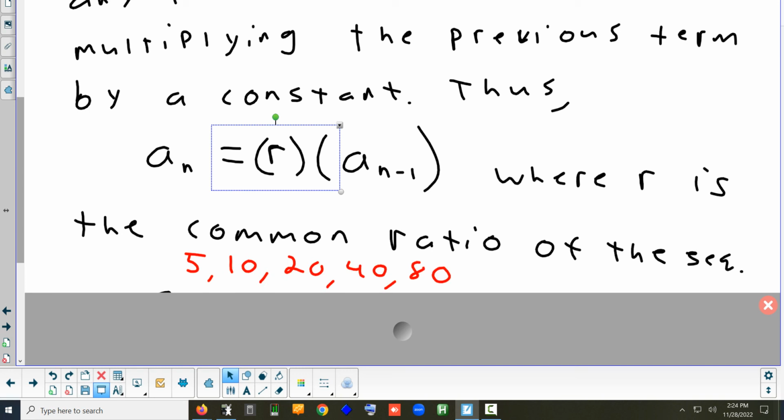And to find your common ratio, take any term you want and divide it by the one before. So in this case, it's 2.